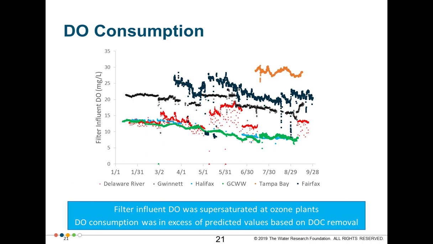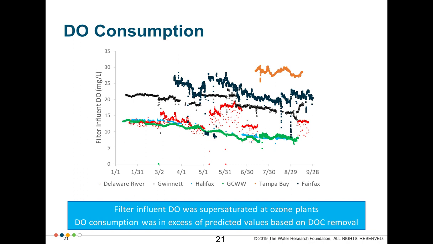When we looked at the change in dissolved oxygen from the filter influent to the filter effluent at these facilities, we saw very high DO consumption values that were much higher than what could be calculated based on the theoretical oxygen demand from carbon utilization. So it was far in excess of predicted values. It was like 18 milligrams per liter of DO removed.